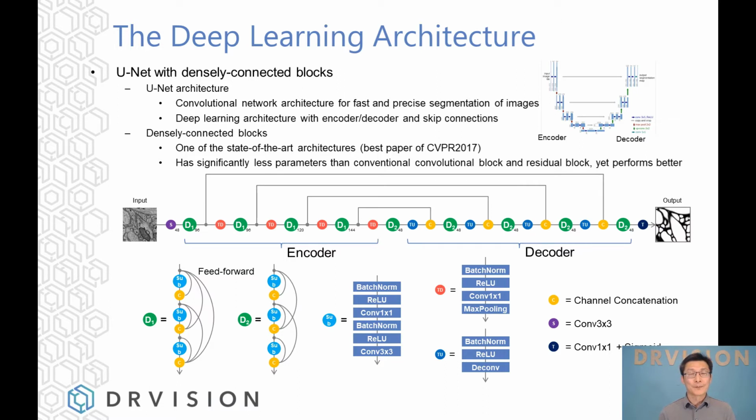So in Aivia 6, we implemented the UNet with DenseNet together to train the model.